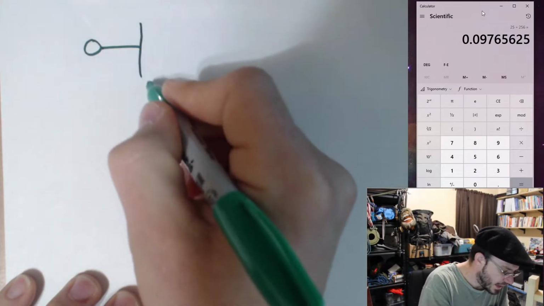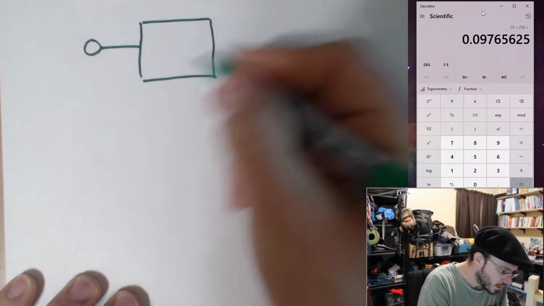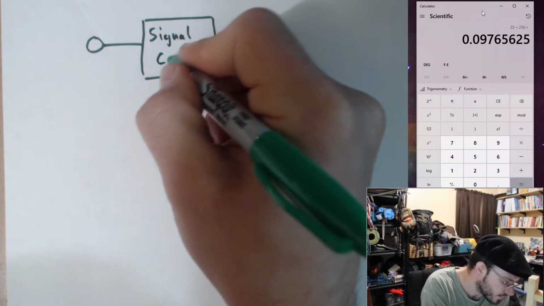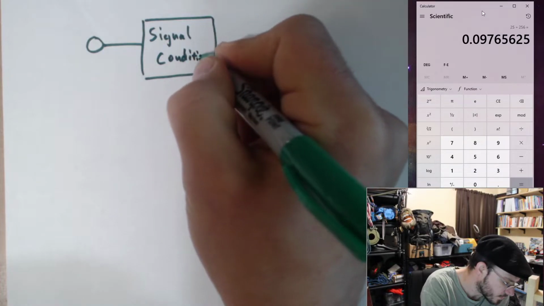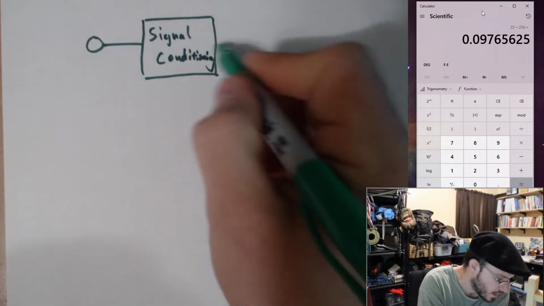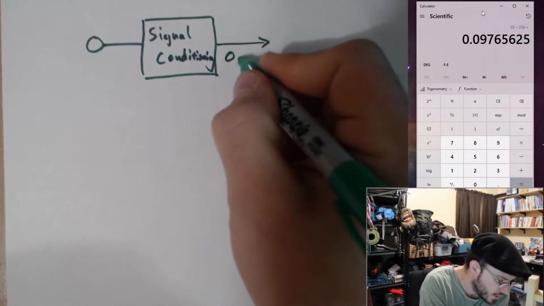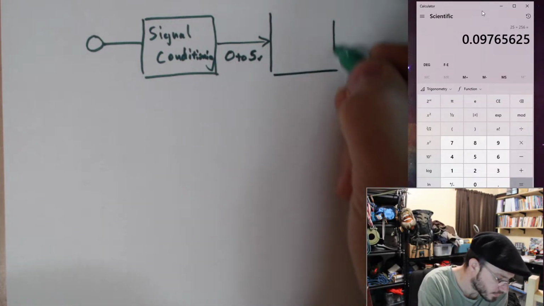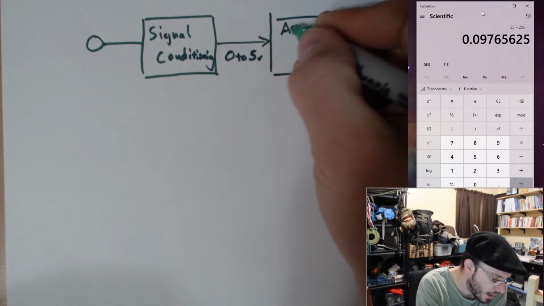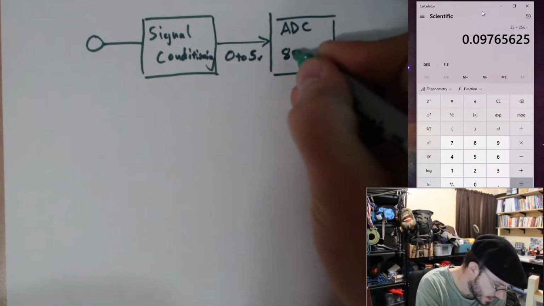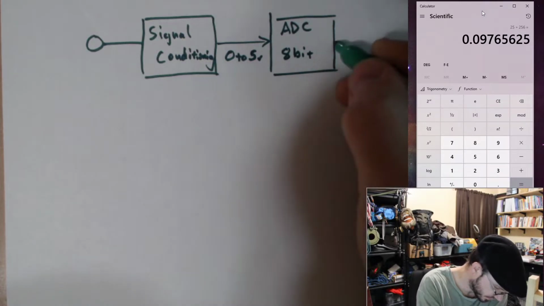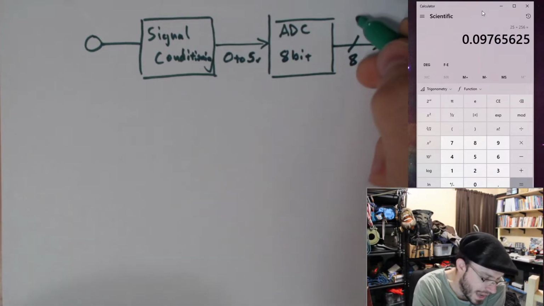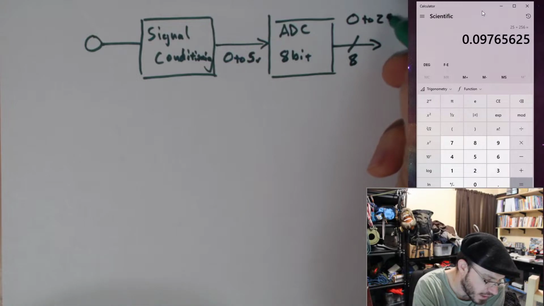We're going to feed that into some block of signal conditioning, so that we get 0 to 5 volts coming out of this, going into our 8-bit ADC, so that we can get our maximum range of 0 to 255.